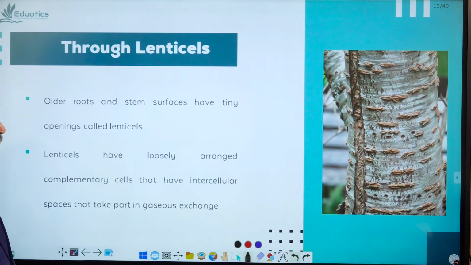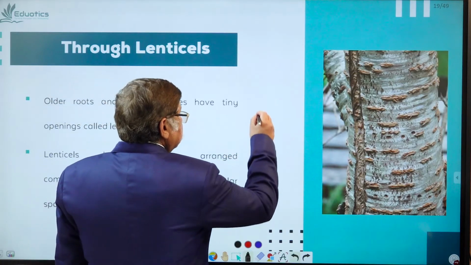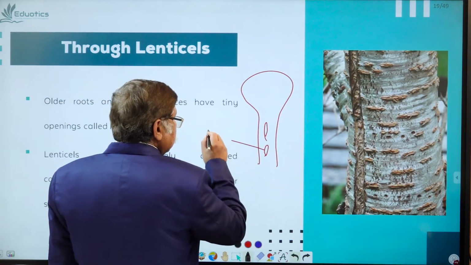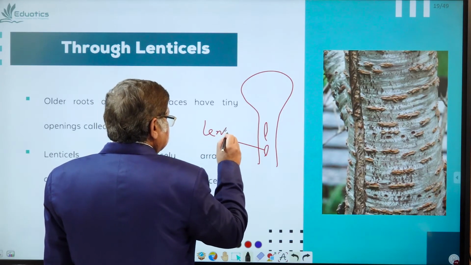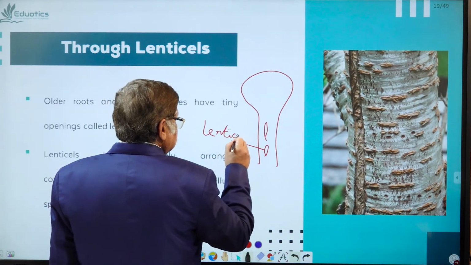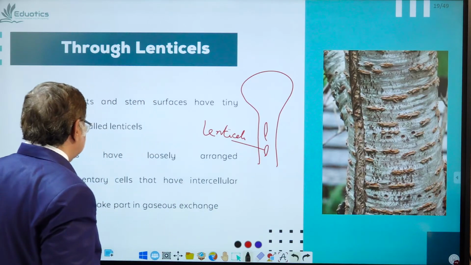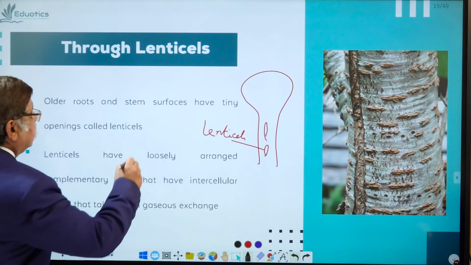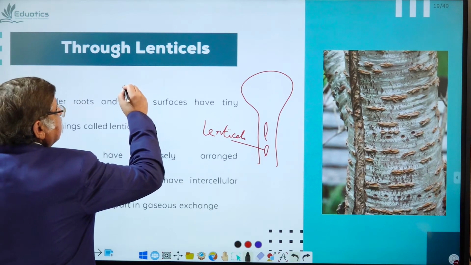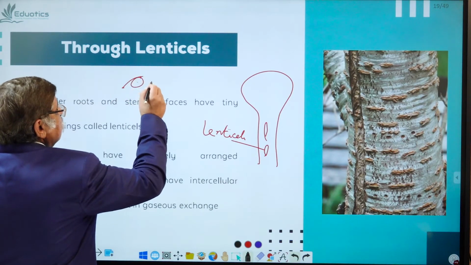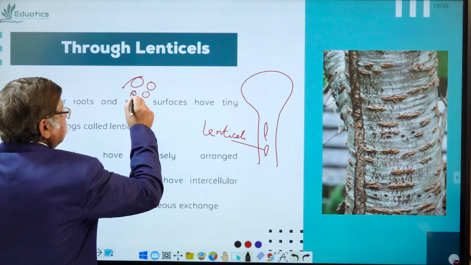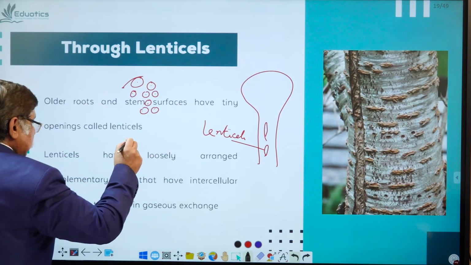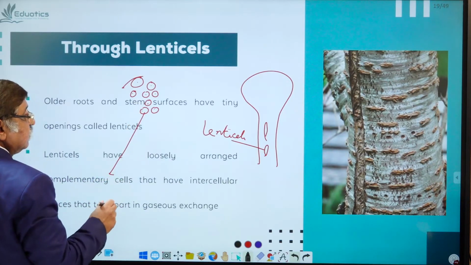Older root and stem have lens-like structures known as lenticels. They are for gaseous exchange. If we draw the structure of a lenticel, it consists of loosely arranged parenchyma cells. These cells are known as complementary cells.